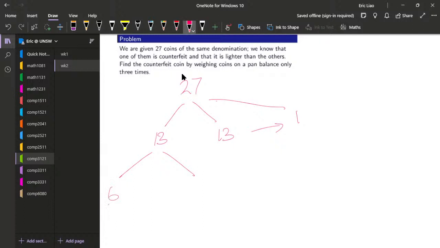Six and a 6, if they are the same weight, then it has to be 1.